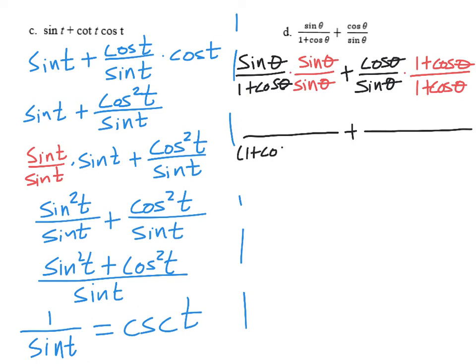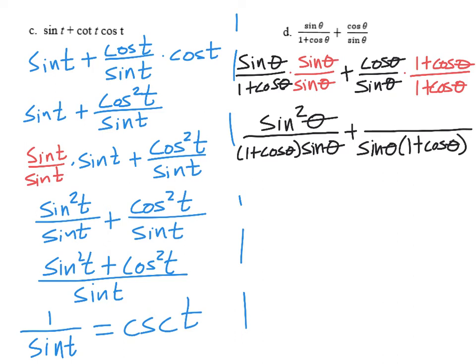Right now I'm just working on the first term, 1 plus cosine times sine. All right, now on the top I've got sine times sine, so that's going to be sine squared. And then over here I've got sine theta times 1 plus cosine.